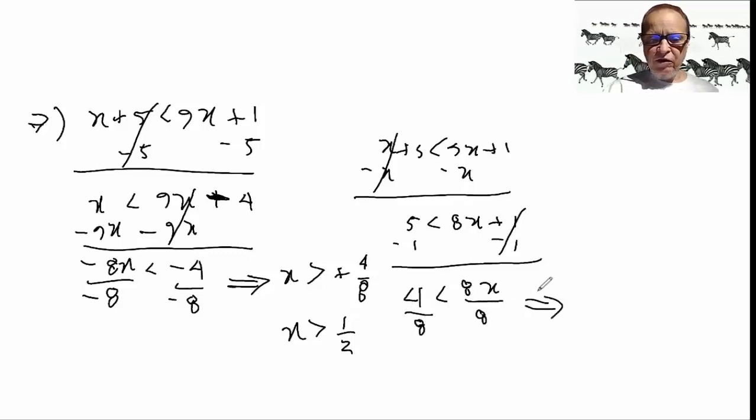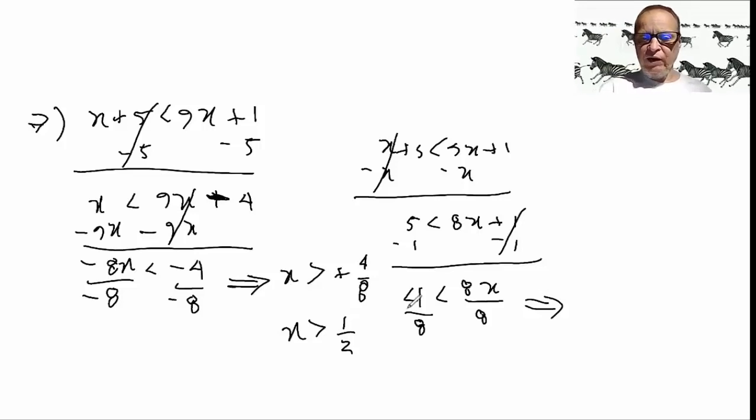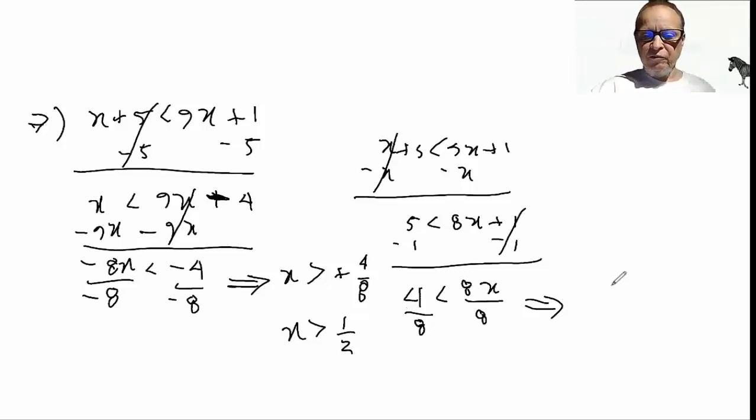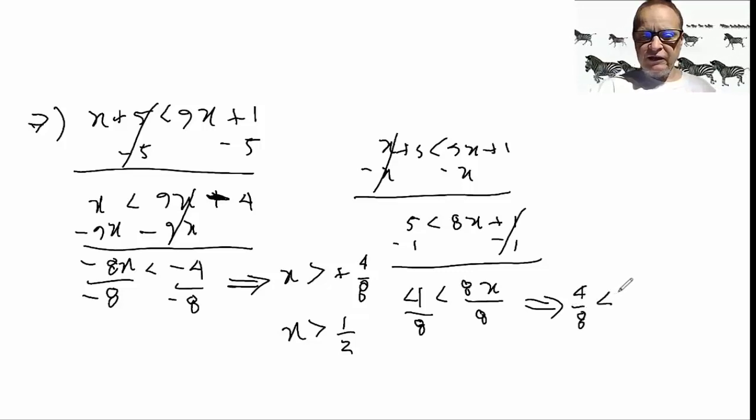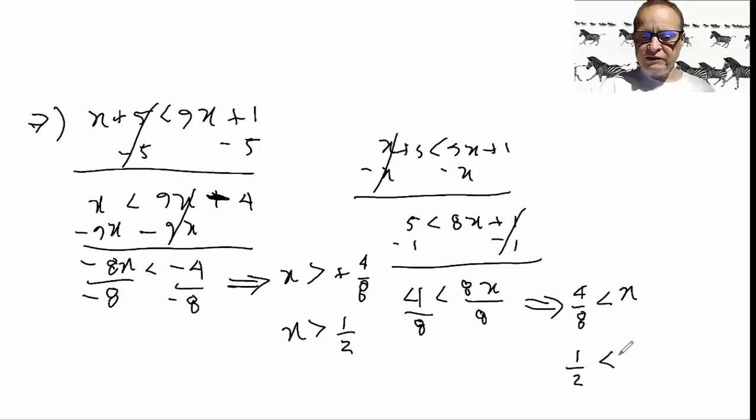So this implies, and here I don't do anything to the inequality because I'm dividing by a positive number, and with a positive number you just leave the inequality alone. So that will give me 4 over 8 is less than x. And of course, if we reduce, 1/2 is less than x.